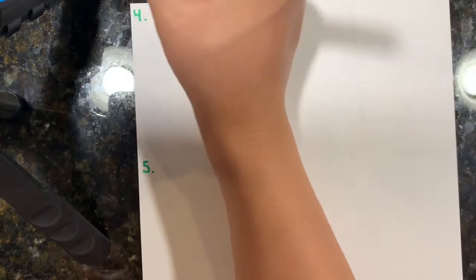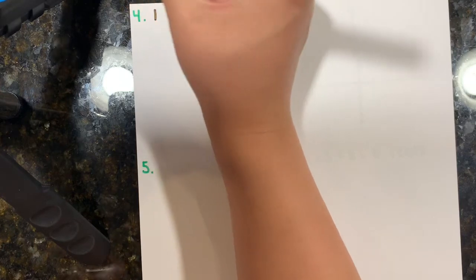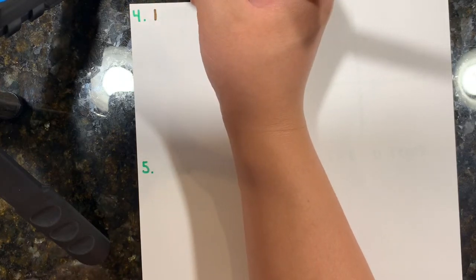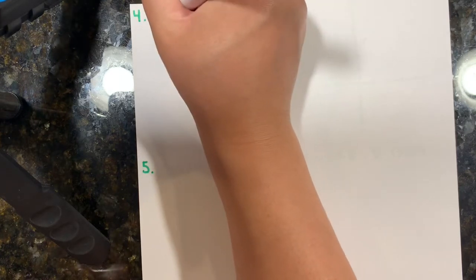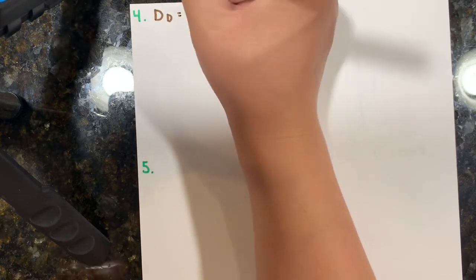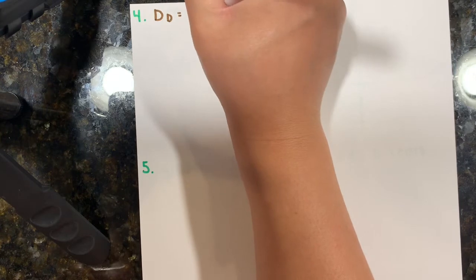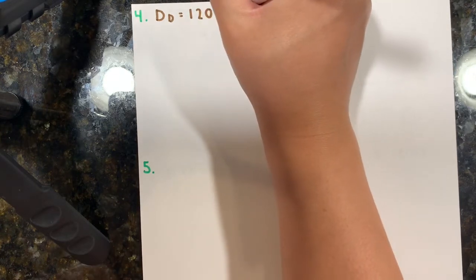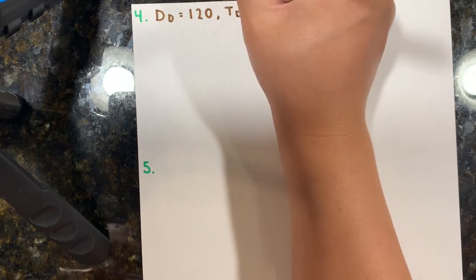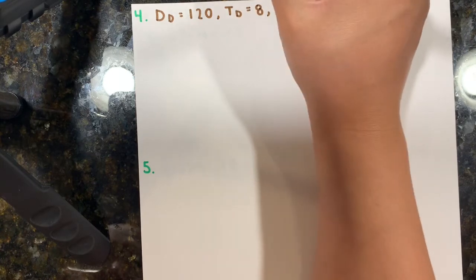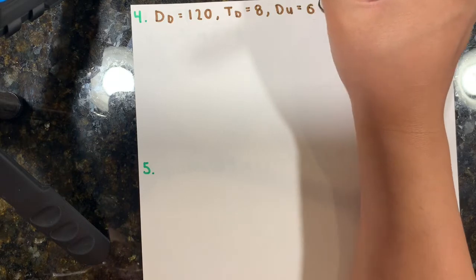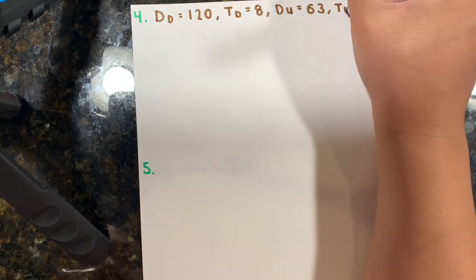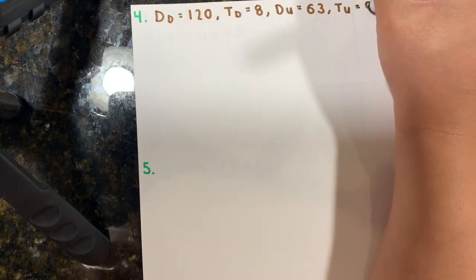So that means that the boat, we have the distance going downstream is going to be equal to 120. We have the time downstream is 8. We have the distance upstream is 63. And we know the time upstream is equal to 9.